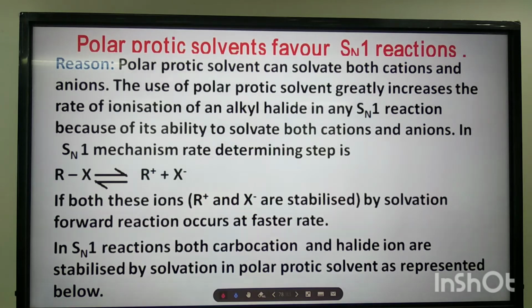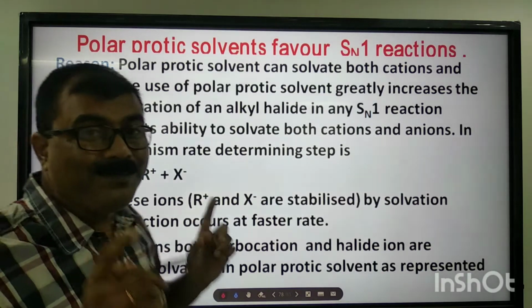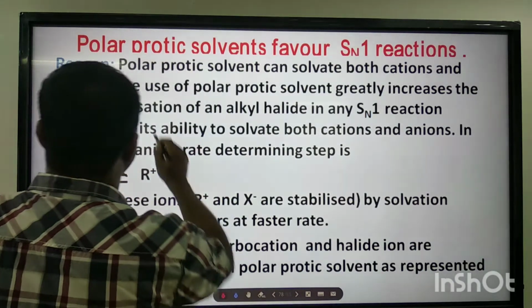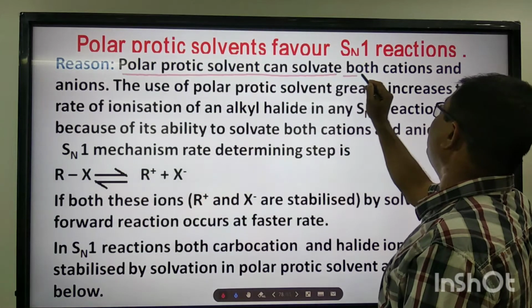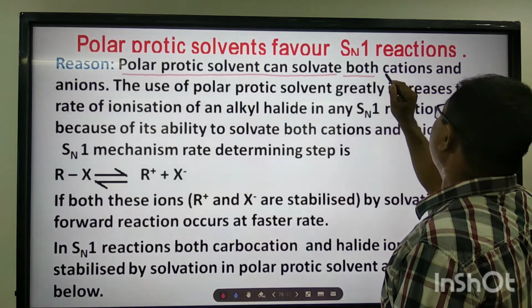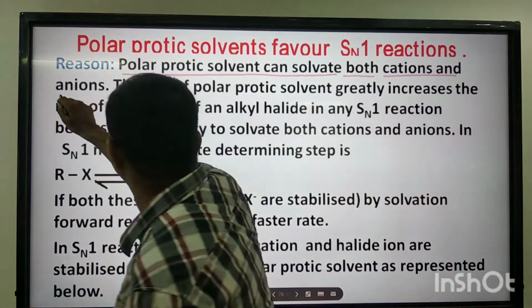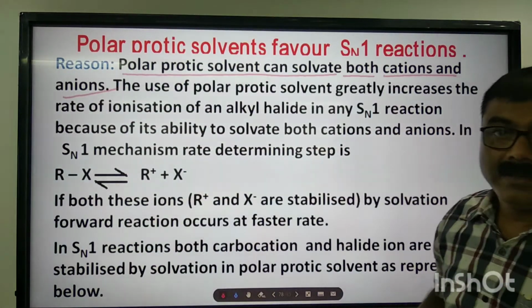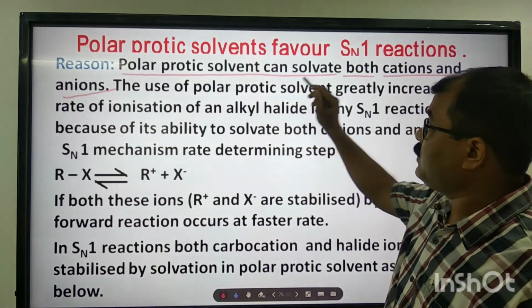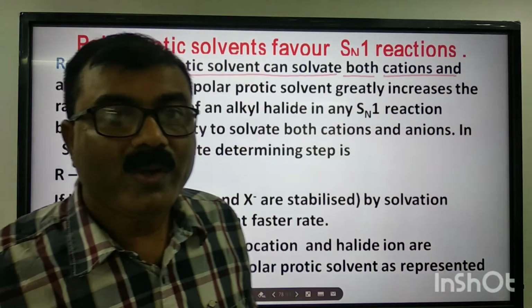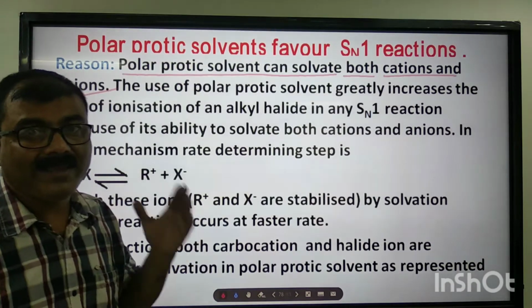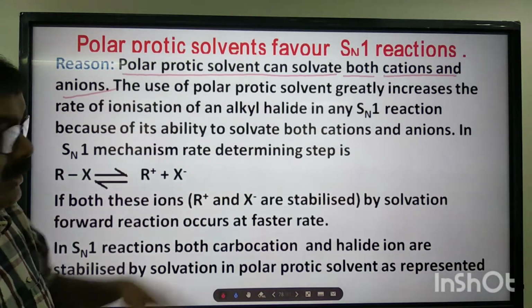Now, first, what is written here, my dear students, you see, a very important key sentence is that polar protic solvent can solvate both cations and anions. Polar protic solvent can solvate both cation as well as anion. This is the key sentence, important sentence.